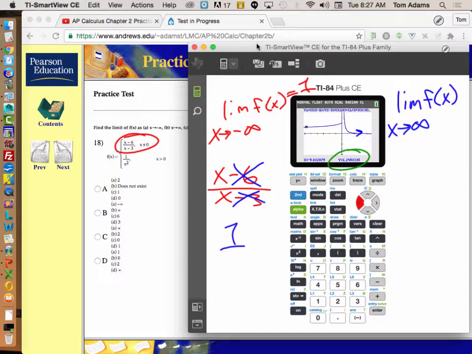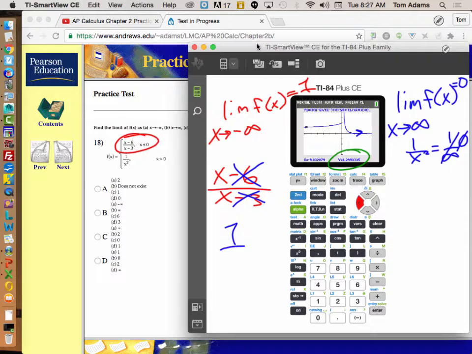As I do that, it looks like 0, and that would make sense because this is going to be modeled by the function 1 over x squared. So really, what we're going to have is 1 over infinity squared, or 1 over infinity, which is just 0, right? So that limit is equal to 0.